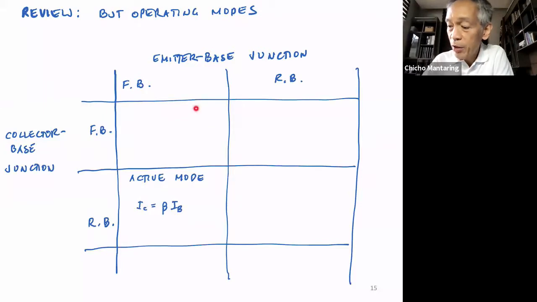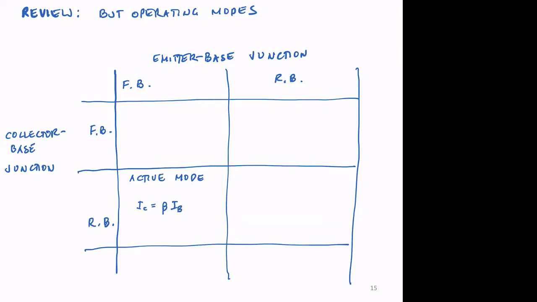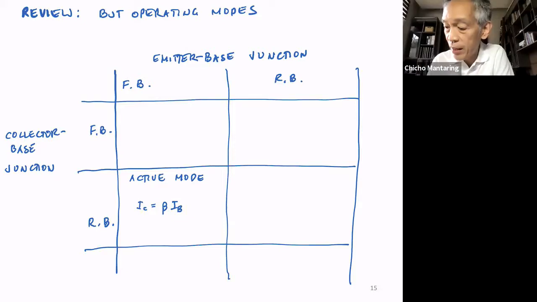Here, what is this mode when both junctions are forward biased? Shout it out. Saturated. Yeah, that's right. This is saturated. And when it is saturated, what is the characteristic?